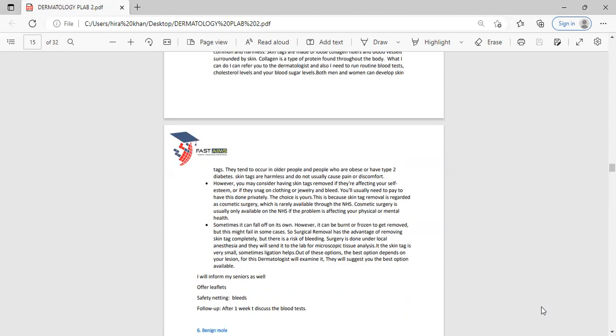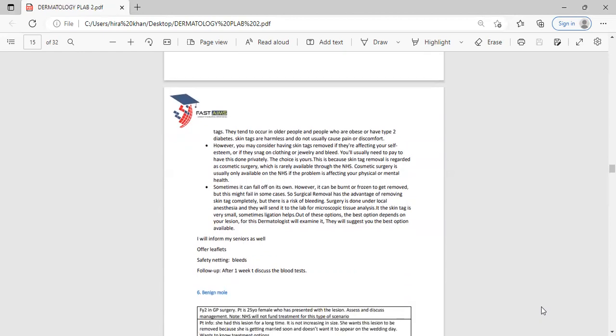But the NHS does not pay for that, because it is not harmful to life. But if it is affecting your physical or mental health, then the NHS will pay for that. Otherwise, if you want to get it removed, the choice is yours. You can go to a private clinic, but it might be very expensive for you.